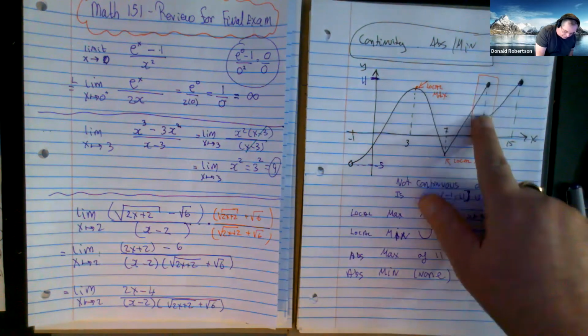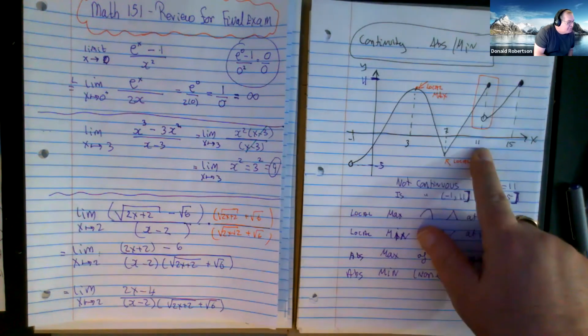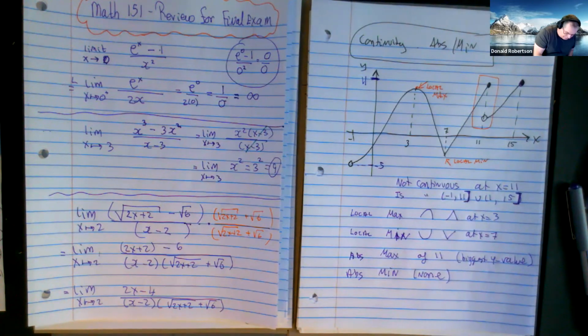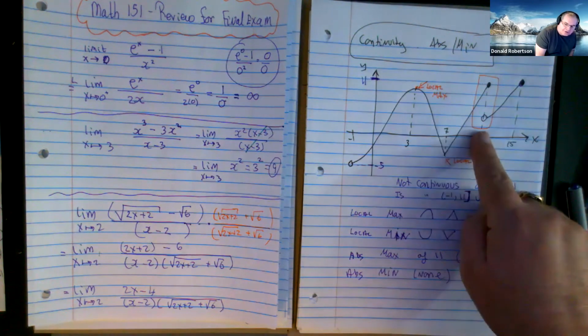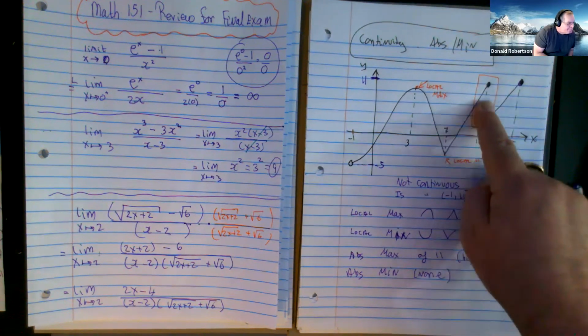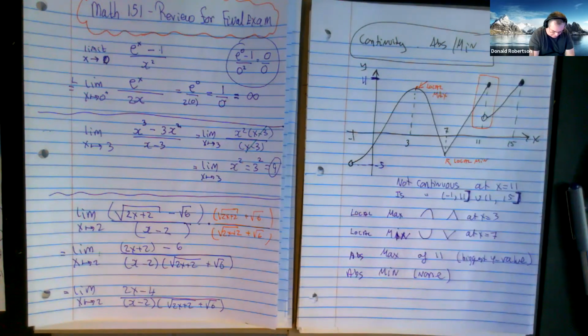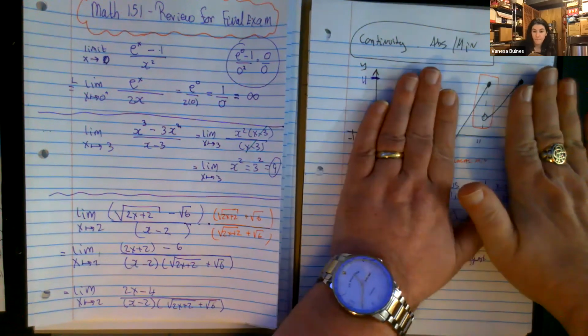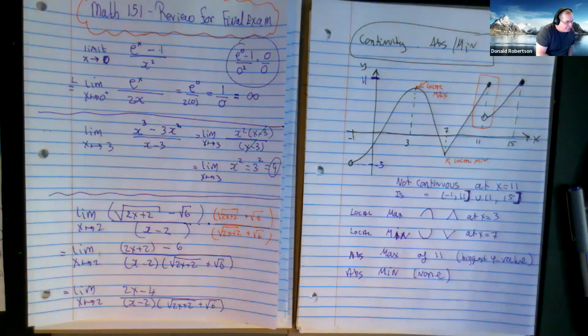Now, since I've got this picture in front of me, isn't x equals 11 a discontinuity? What name do we give to that particular shape? Jump discontinuity. Right. That would be a really good multiple choice question, wouldn't it? What is happening at x equals 11?